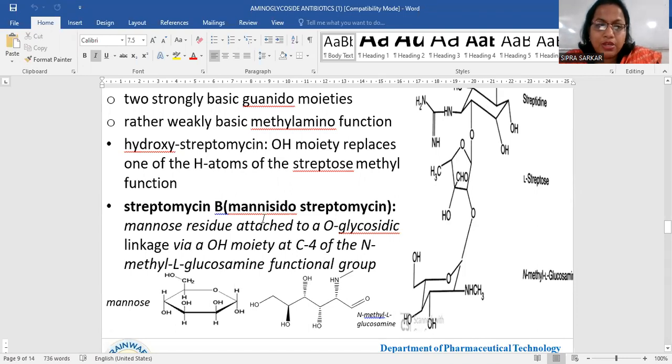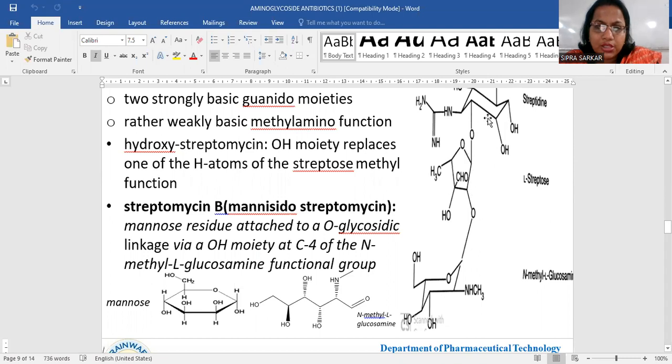Streptomycin B is mannosidostreptomycin. So a mannose residue is attached through an orthoglycosidic linkage. This mannose residue is attached by an orthoglycosidic linkage via the OH moiety at C4.